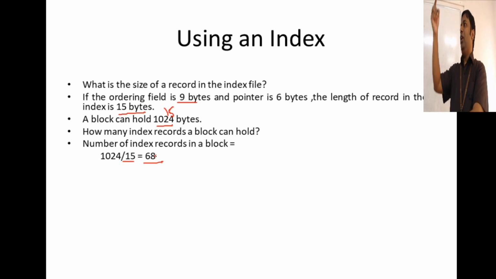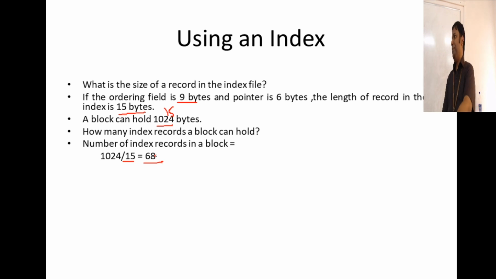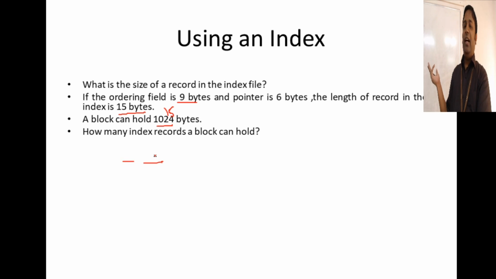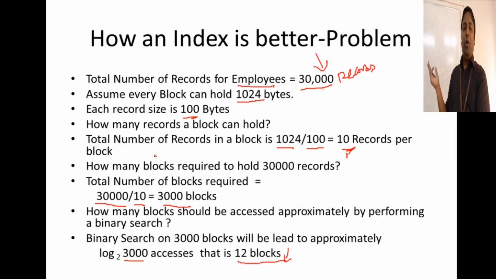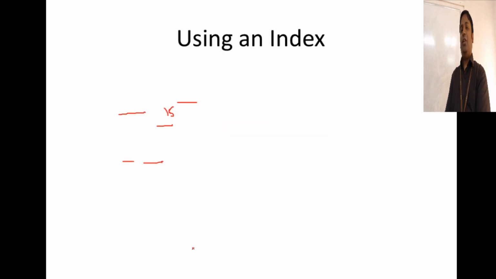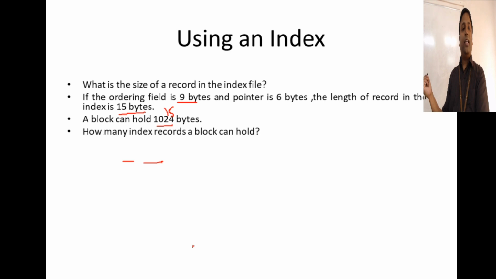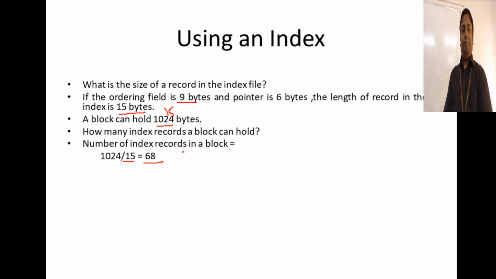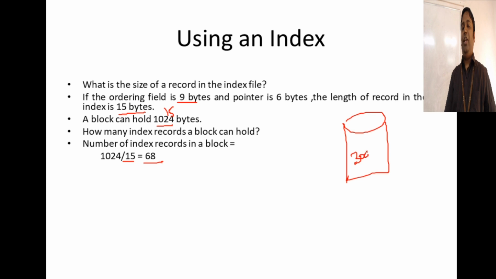So how many total records will you have in your index? How many blocks did you have in your data file earlier? You did this, right? How many blocks did you identify in your actual data file? 3000 blocks. So how many records are you going to have in your index file here? The actual database contains 3000 blocks, and we have created a block which can hold 68 index entries.